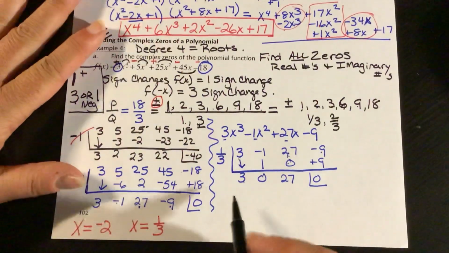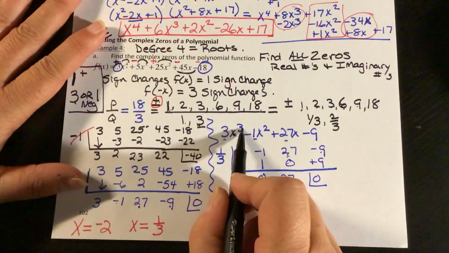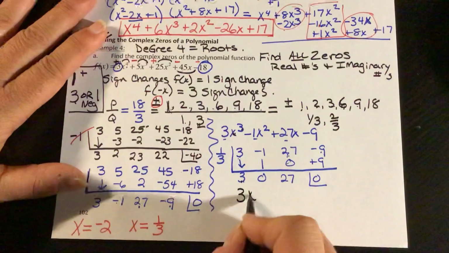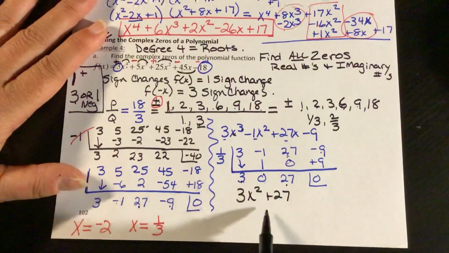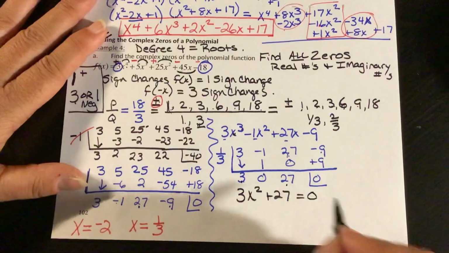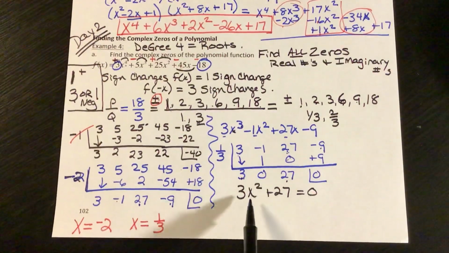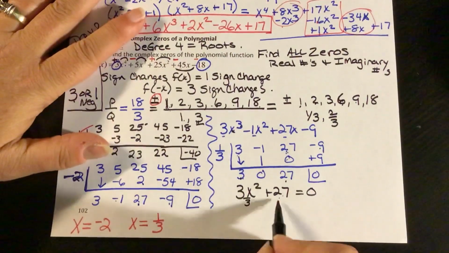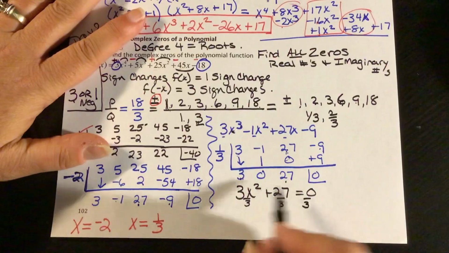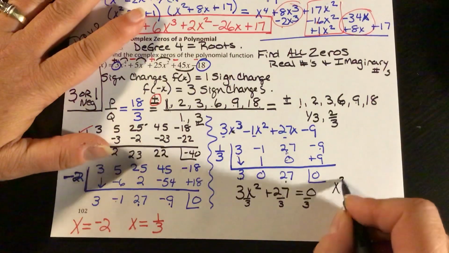Now what I have left, this would be 1 less than my exponent here. So this is 3x squared plus 27 is my polynomial. If I set this equal to 0 and try to find the roots here, I could divide everything by 3. And this would actually be x squared plus 9 equals 0.